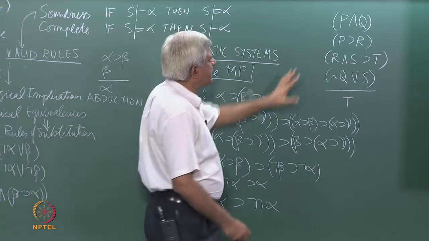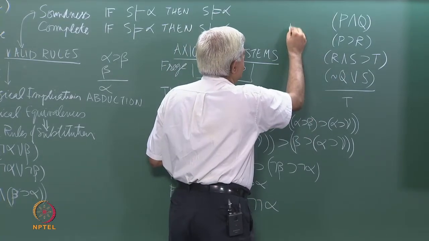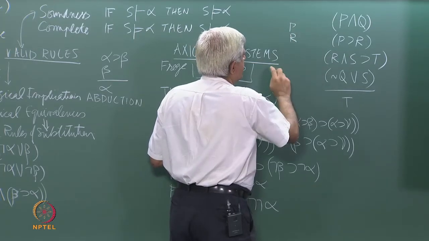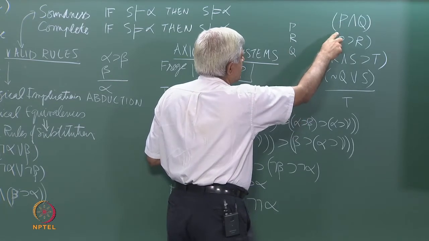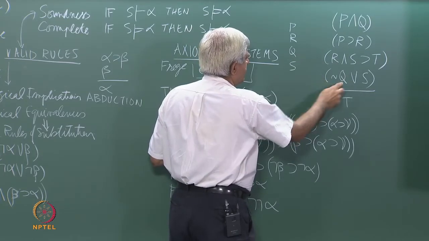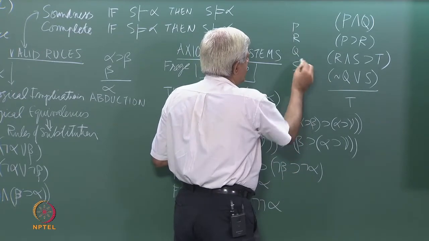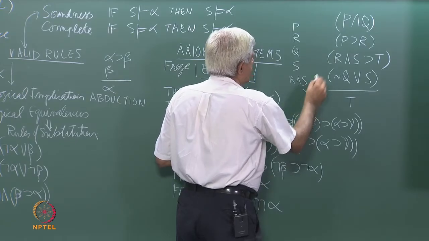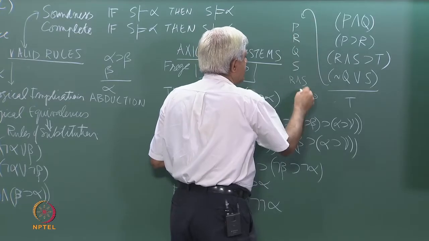So, if you remember, we said that from this we can first derive P, and then from P and R we can derive R, and then from P and Q we can derive Q, then from Q and not Q or S we can derive S. There is a rule which maybe I have not stated. So, from R and S we can derive R and S, and from this we can derive 3. So, you can start like this, derive all these things and then derive T.